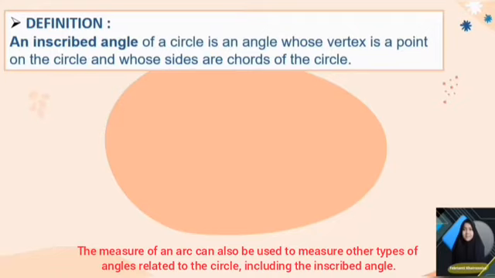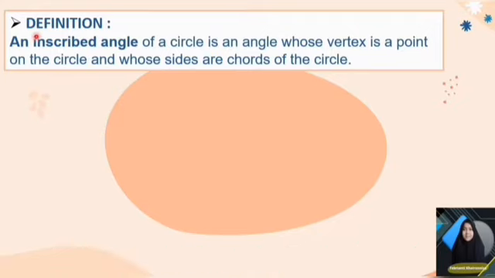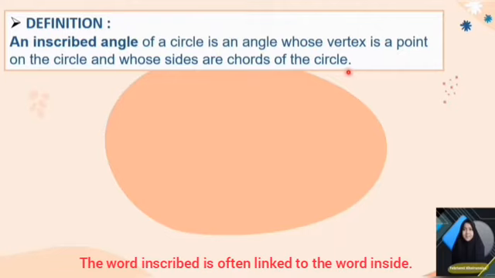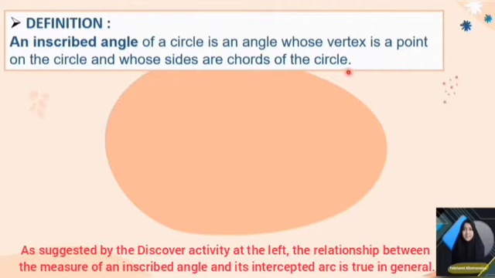Definition: an inscribed angle of a circle is an angle whose vertex is a point on the circle and whose sides are chords of the circle. The word inscribed is often linked to the word inside, as suggested by the discovery activity.